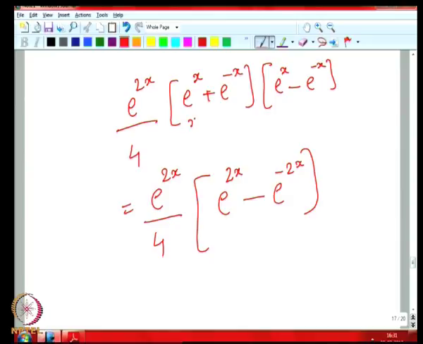This is x plus y form, x plus y and x minus y. So x square minus y square is what we are getting. So e to the power 2x, e to the power minus 2x, right.